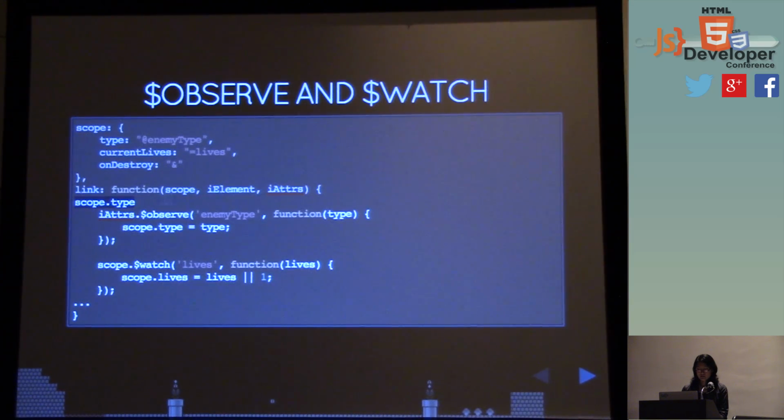But even if you can access that and you can assign it, it doesn't mean that if that property has changed outside of Angular, you'll get notified, because now you're in your own special world inside the directive. So what you need to do is an observe if it's a string, like an interpolated value, or a watch if it's an object, a data bound object.